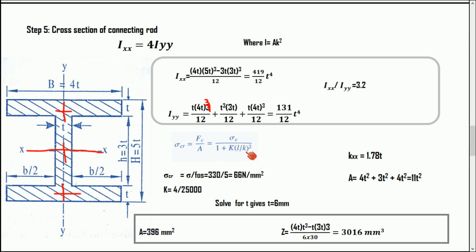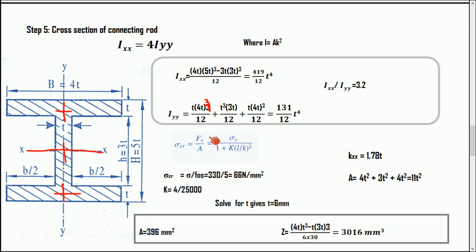Now L by k. L by k is what? Length of the connecting rod divided by radius of gyration. Radius of gyration can be obtained by dividing I by A, or you have got a direct equation in your data handbook, substitute it over there, get the value of k and L by k. After substituting here, the only unknown parameter is going to be what?